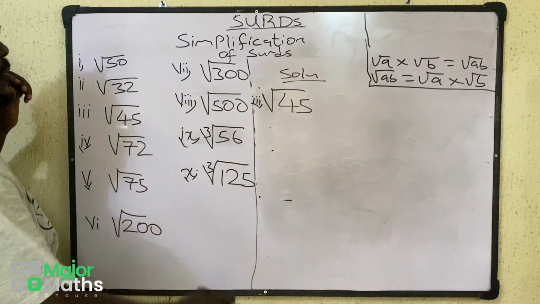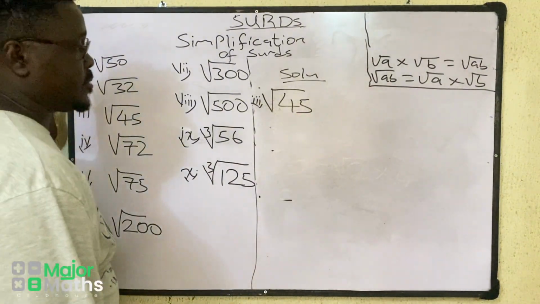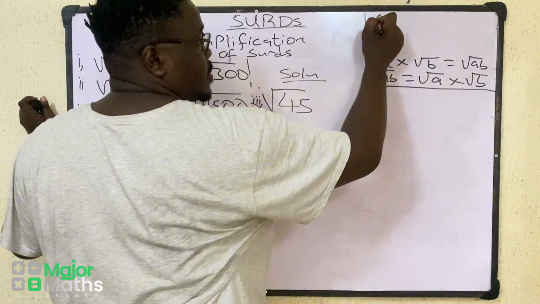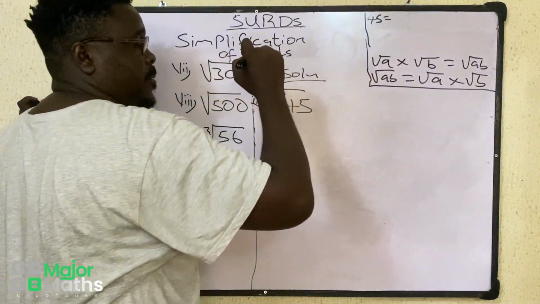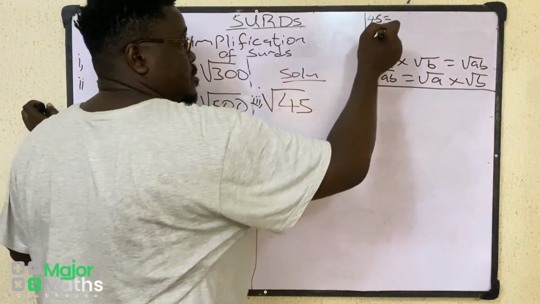So number 3, we have root 45 here. What did we say? Our first operation here will be looking for all the factors. So let's get all the factors.